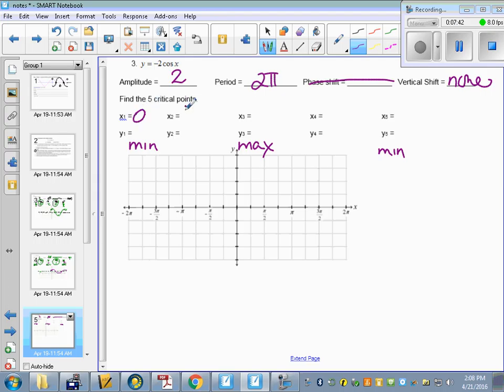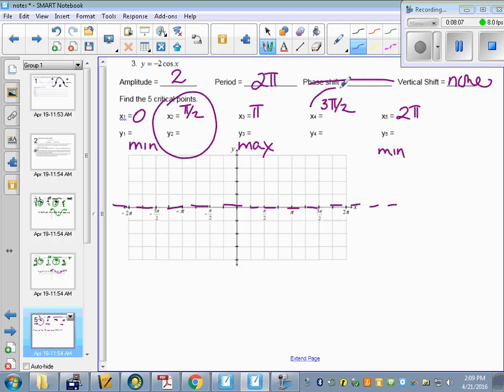List out those critical points. And now let's draw in our midline. It hasn't shifted up or down, so it's still the x-axis. All right, our minimum that we're going to begin with, and first of all, let's plot these 2 points.